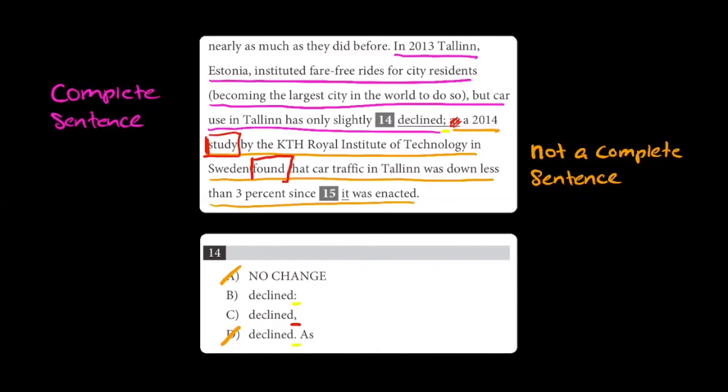So now we have an independent clause on both sides of the punctuation. And that tells us that answer C is incorrect. That's a comma splice. You can't have a comma between two independent clauses. So B is going to be our answer. We're just going to have a complete sentence followed by a colon, and then a one-item list. In this case, the one-item list is an independent clause, but that's totally allowed, and that's it for this question.